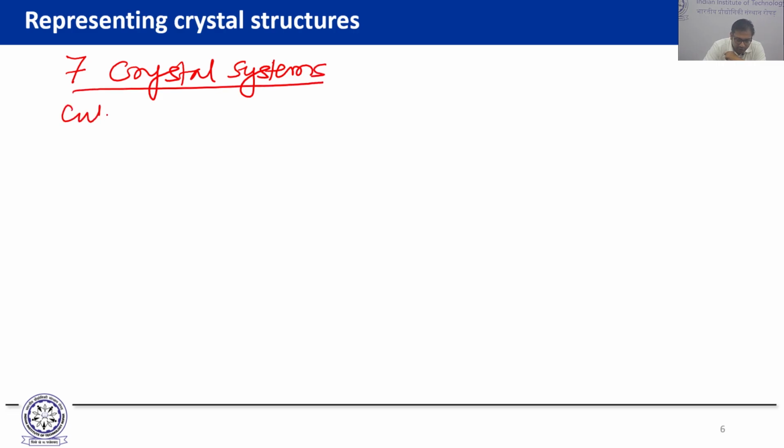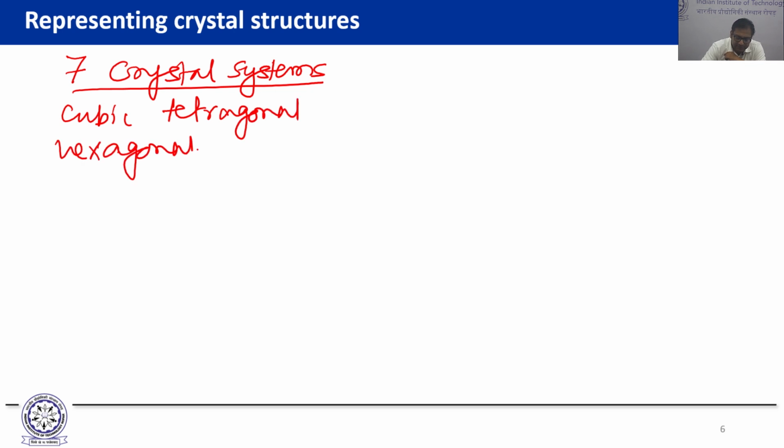Now, when you think of crystal structures, one of the things which is taught in most undergraduate courses or even the early postgraduate courses is that the crystal symmetry can be an organizational system for depicting your crystal structures. And so you are all aware that you have got 7 crystal systems, which is basically your cubic, tetragonal, you can have something like a hexagonal system, an orthorhombic system, and so on.